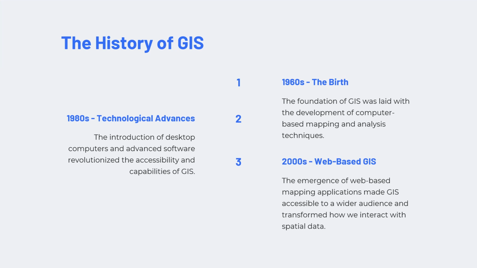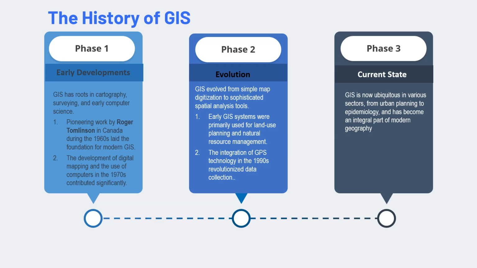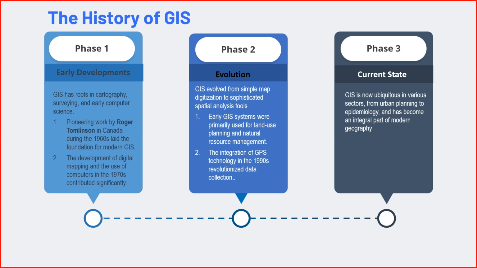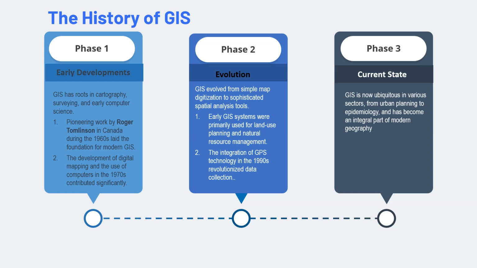Every company nowadays uses GIS-based support, like food delivery companies that are popular in Poland. But in the early phase, during the 1960s, GIS developed only using scanned maps, like surveys, and they tried to digitalize, document, and store the data in computer format. This is the early development.